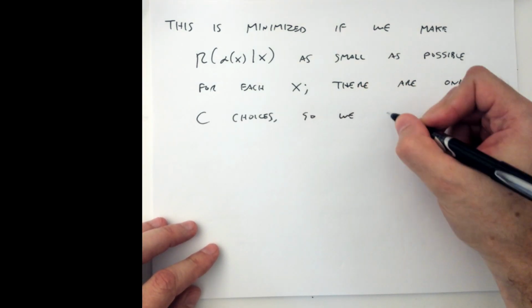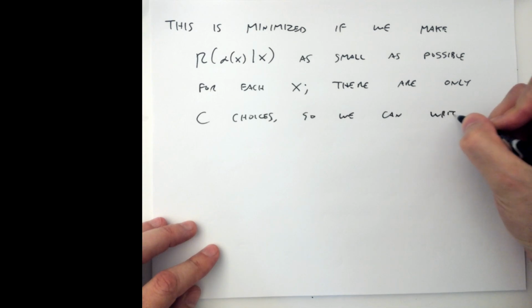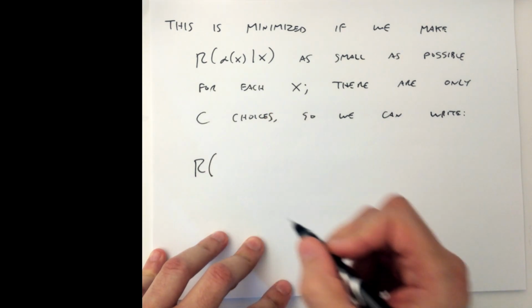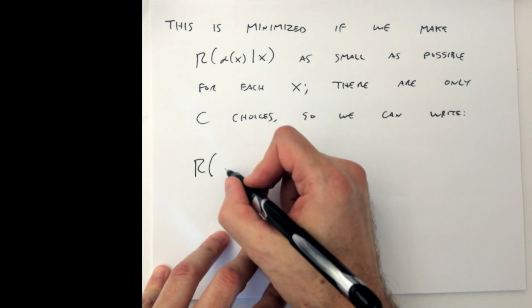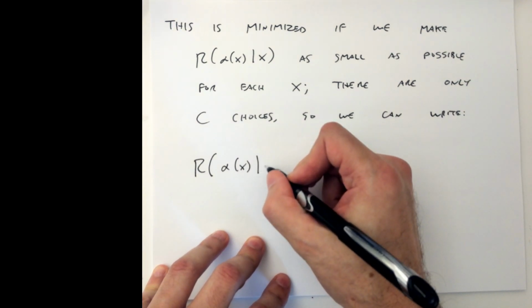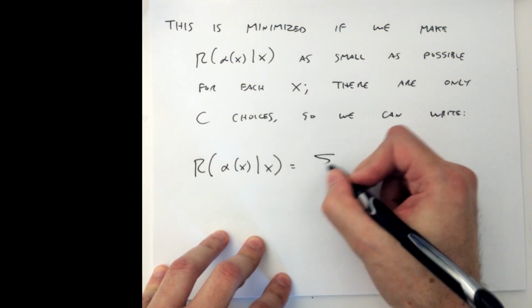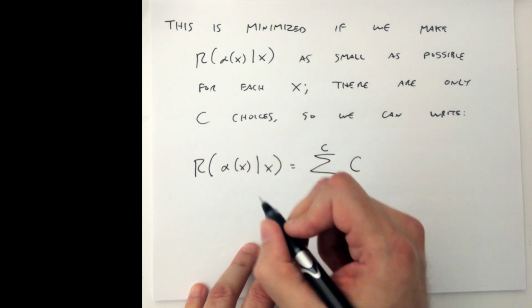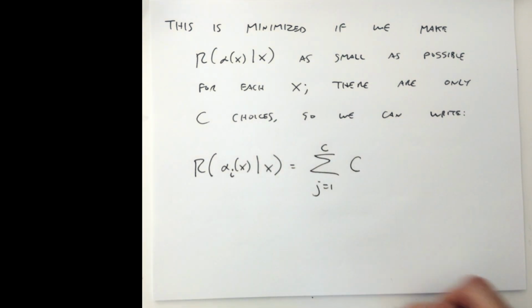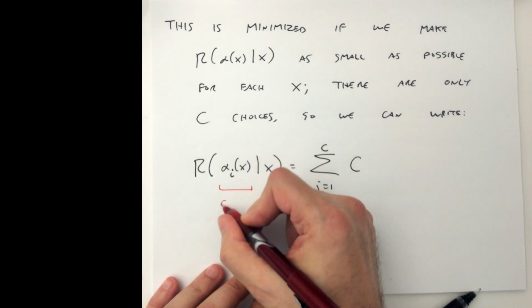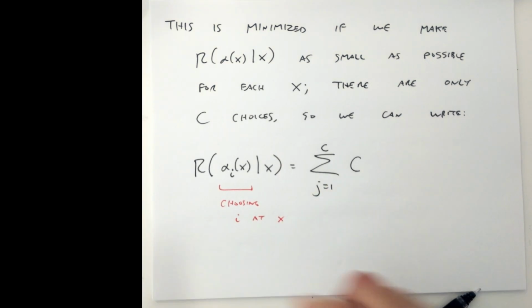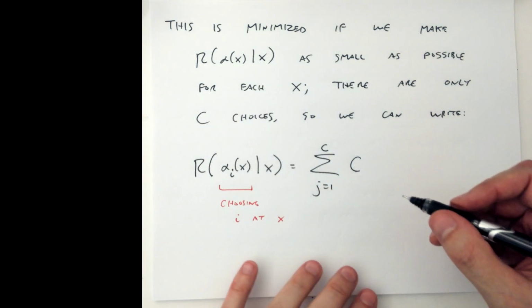So we can write that the risk of taking a choice alpha at x is like the sum over all the possible choices I could make. Let me say it like this: this is like saying, the risk of choosing i at x. Well, how could that go wrong? That's like saying I could have some costs.